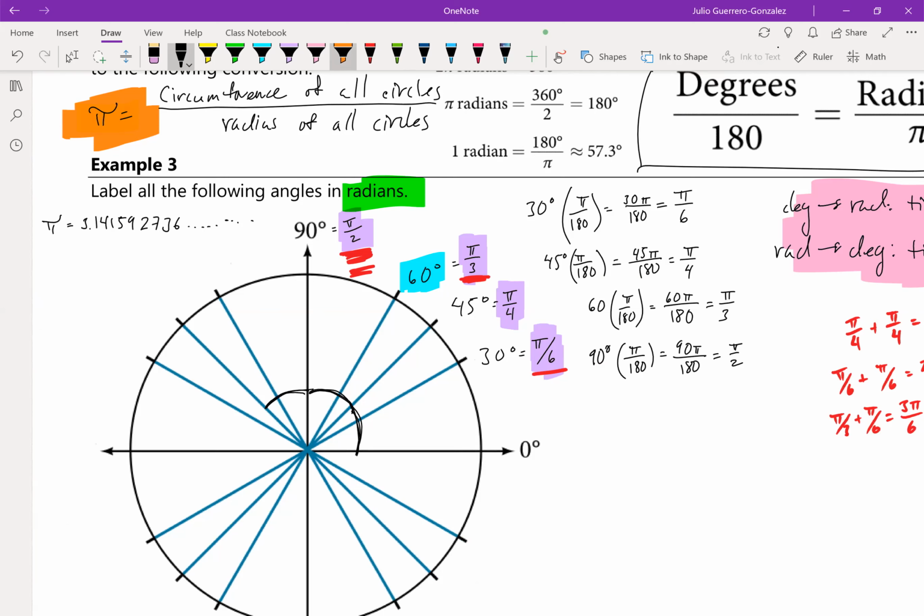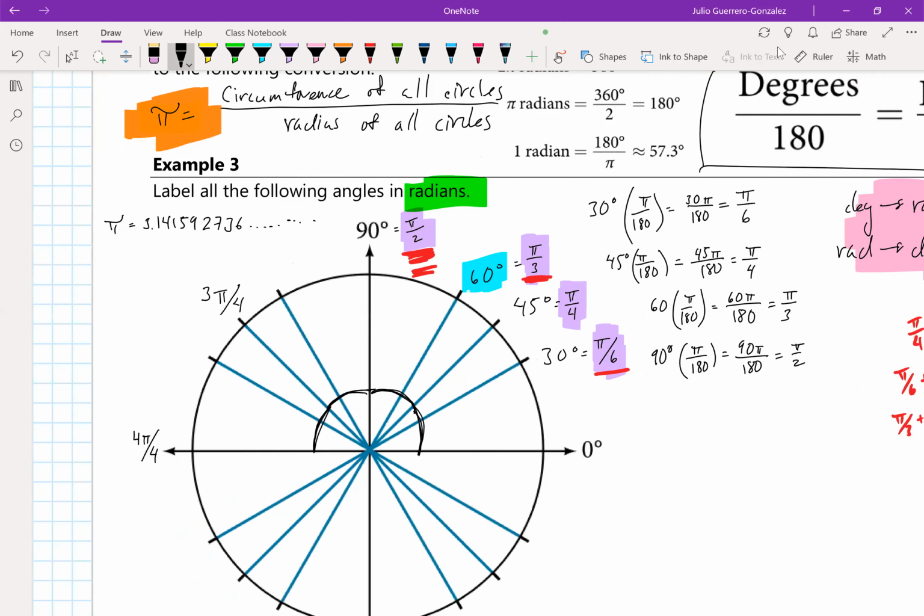Right here to here, this would be our 3 pi over 4, right? And this would be 4 pi over 4. And this reduces to pi. So half a revolution around is pi.